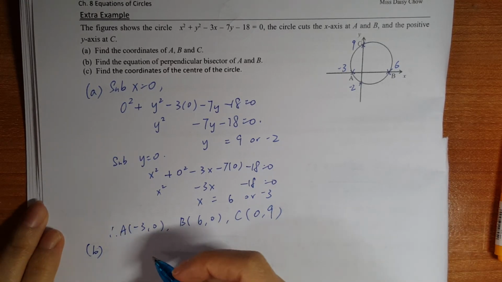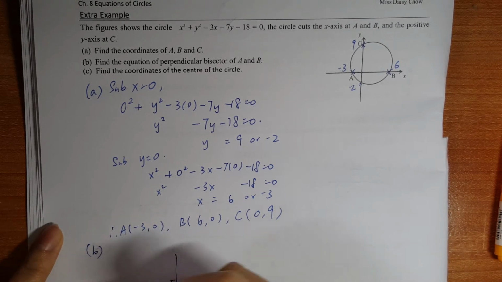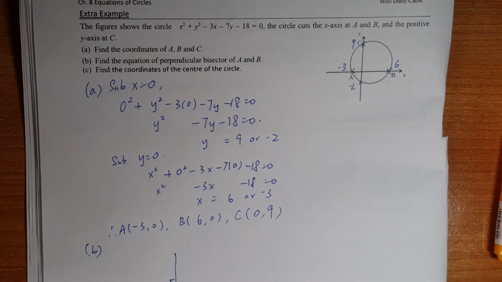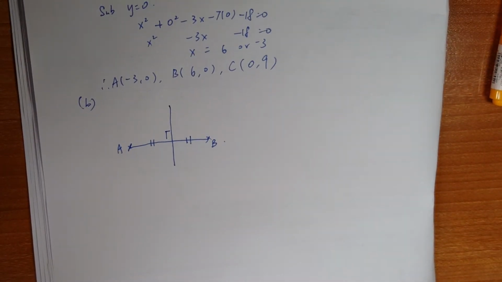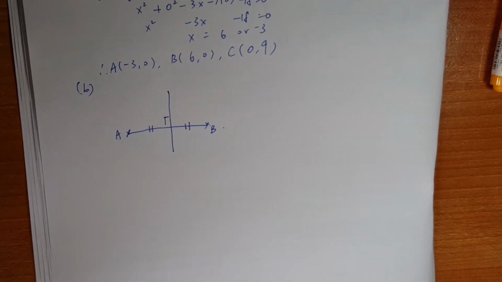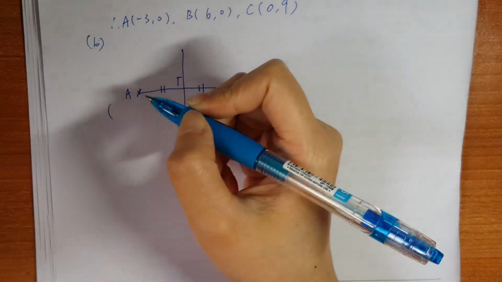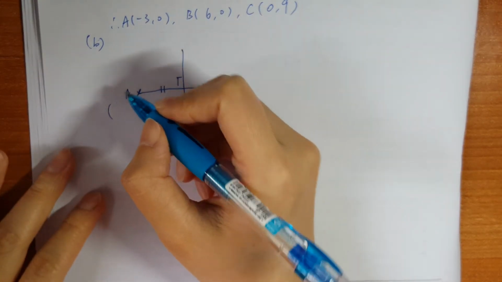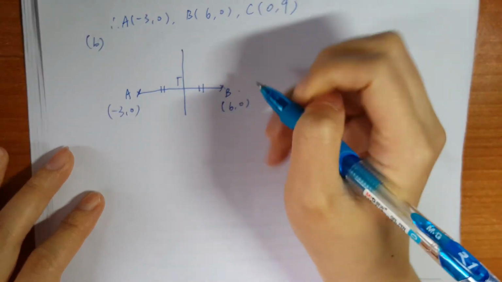So if I copy the questions here, this point is point A, this point is point B. Okay. So point A here would be -3, 0. Point B would be 6, 0.